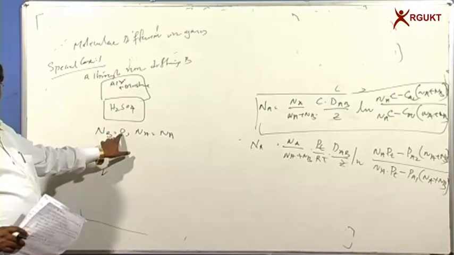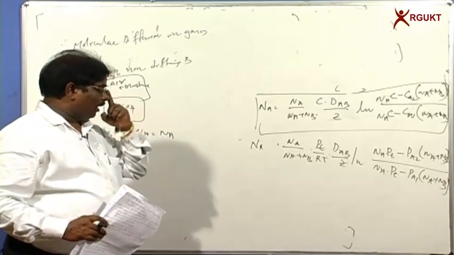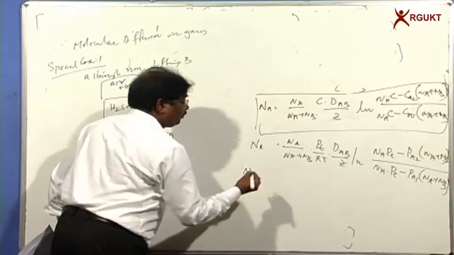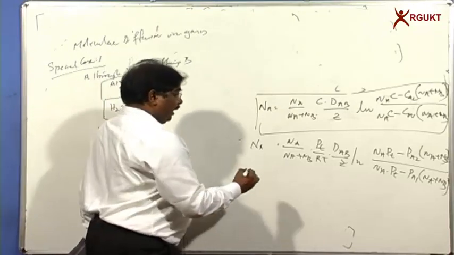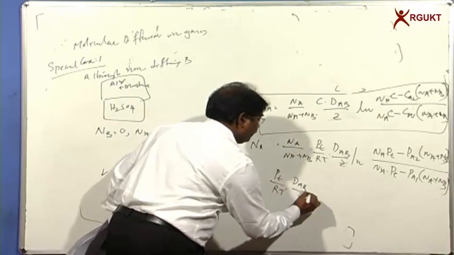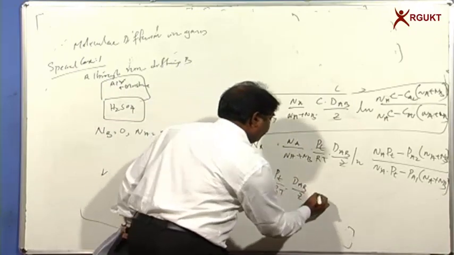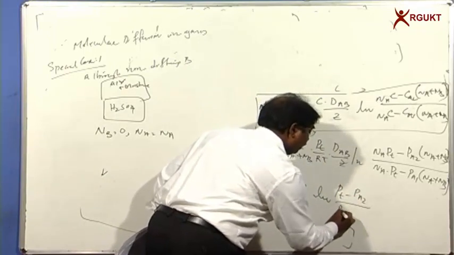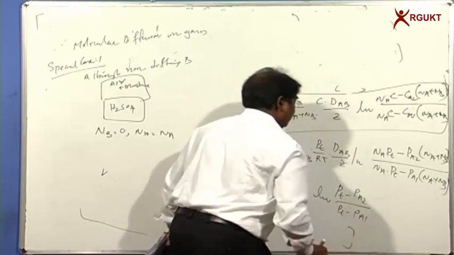That means Nb is equal to 0, and here we get Na is equal to Pt by Rt dAb by Z ln of Pt minus Pa2 divided by Pt minus Pa1.